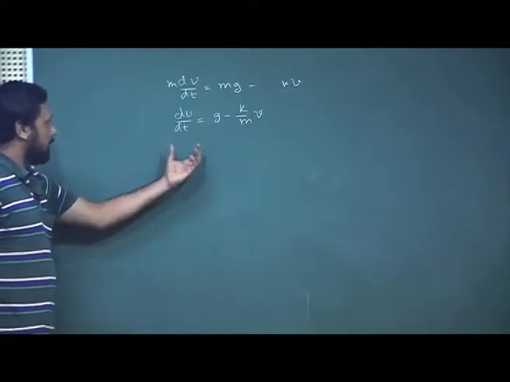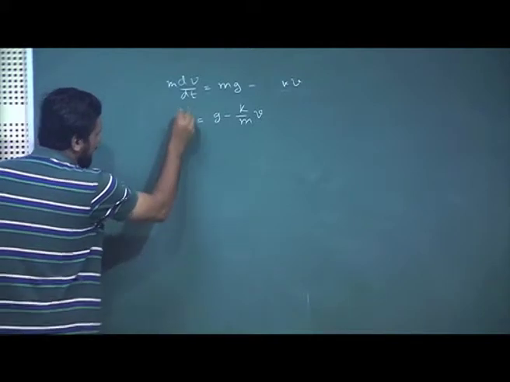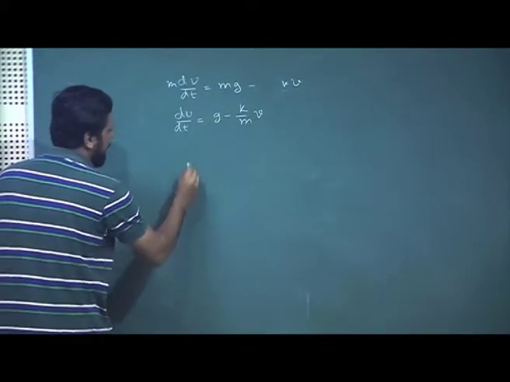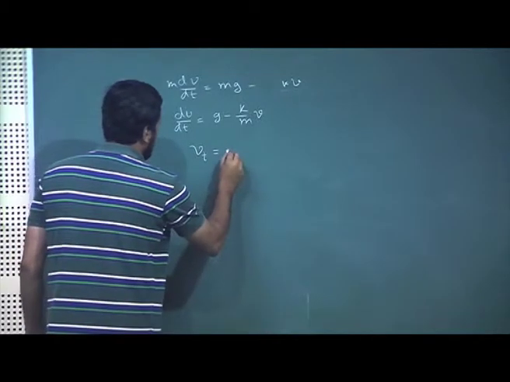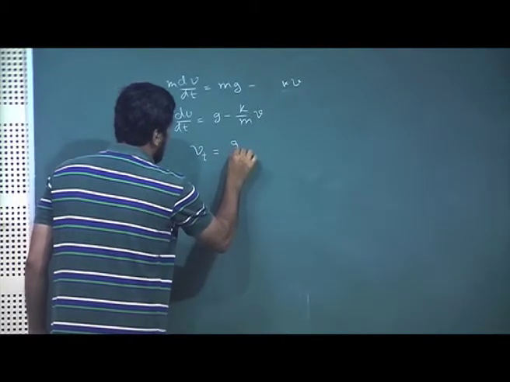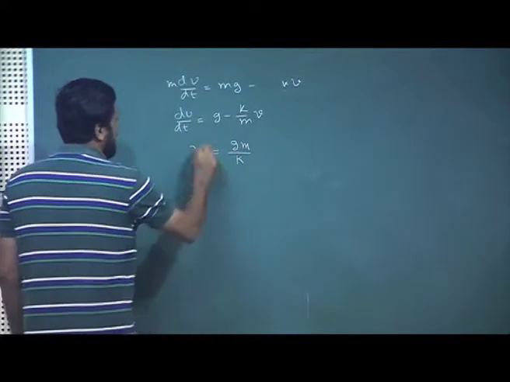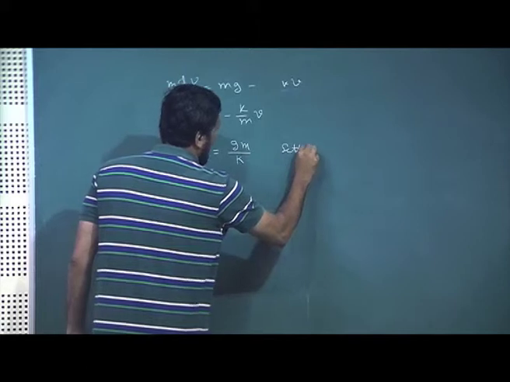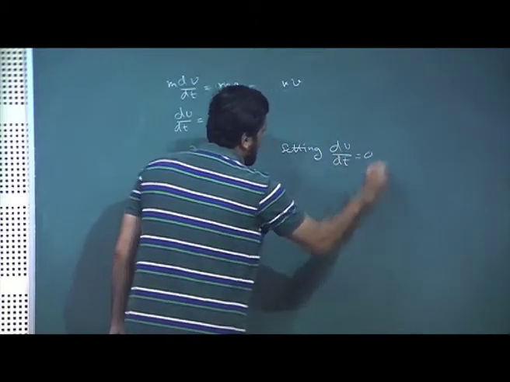And the trick I taught you very recently is to set this equal to 0 in order to get terminal velocity, and we get a terminal velocity equal to gm/k by setting dv/dt equal to 0.